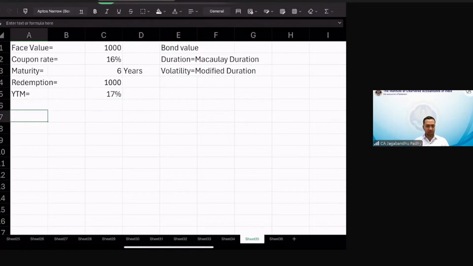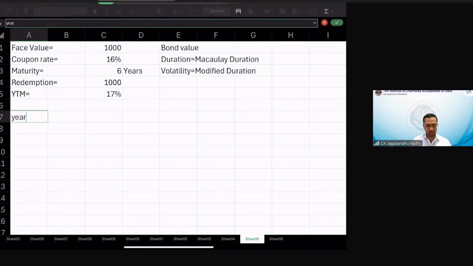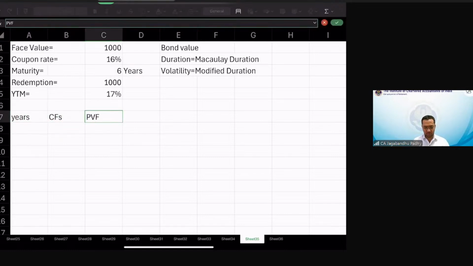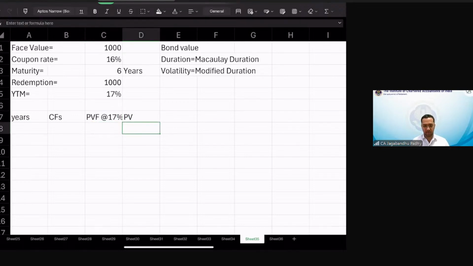Okay. So let's take the years and the cash flows from the bond. Then we'll take down the PV factor at the rate of 17%. Then we'll get the PV. Now to compute the Macaulay duration, we used to take the weighted average, right?